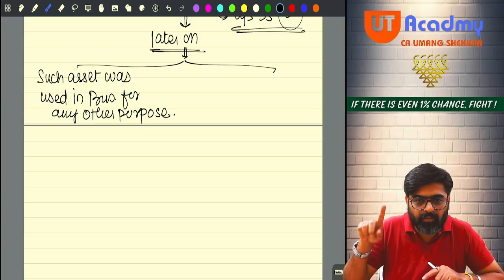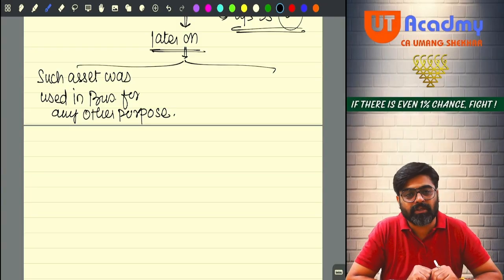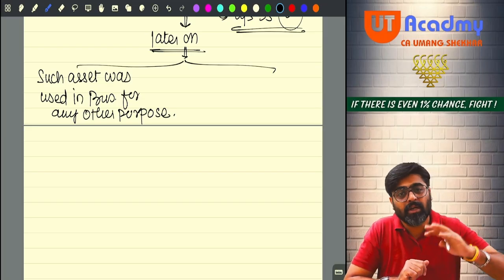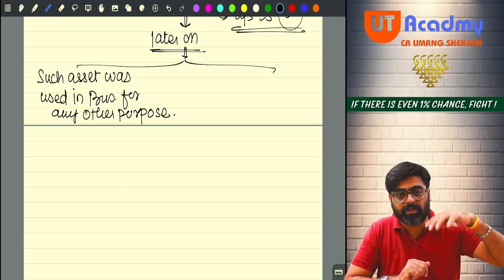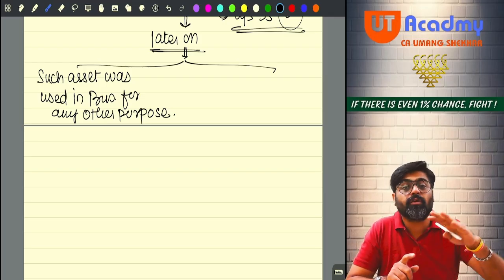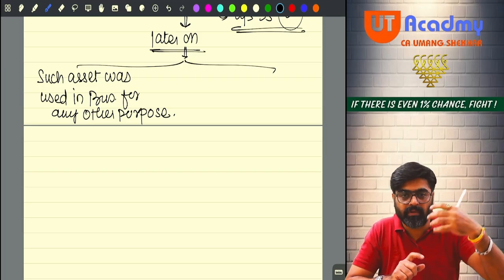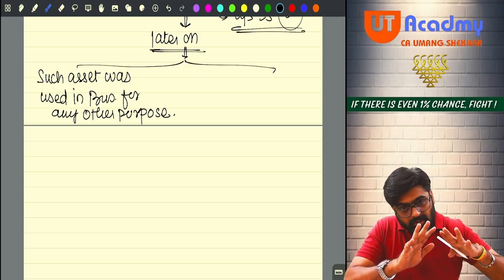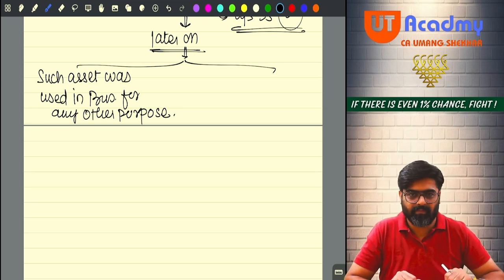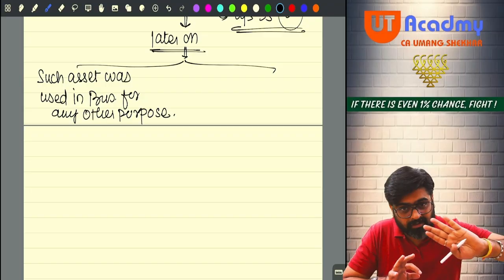Do you remember the block we did? For example, this was a plant and machinery which was used for scientific research. 5 lakh rupees of that plant and machinery was allowed. Or for example, this was a building used for scientific research, and 5 lakh rupees was the cost of that building. Till the time it was used for scientific research, it was considered separately.